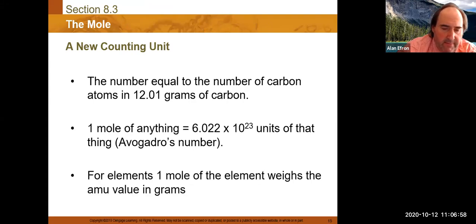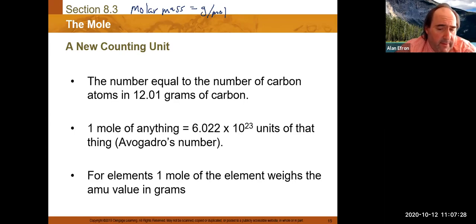Now, another important relationship is when we look at something, for example, on the periodic table, and we've talked about what we could use as the atomic mass in AMU per atom, but a more useful unit that we oftentimes will use is what is known as molar mass. And the units of molar mass are grams per mole. It's basically how many grams there are per mole of something.